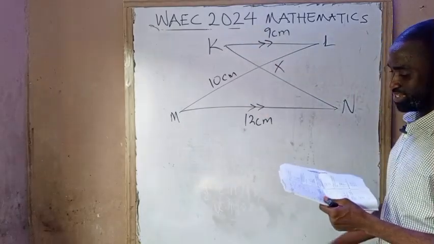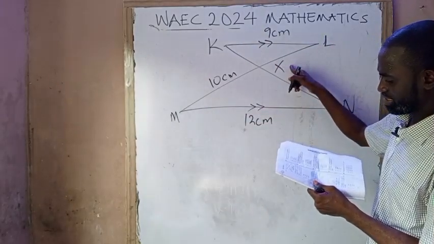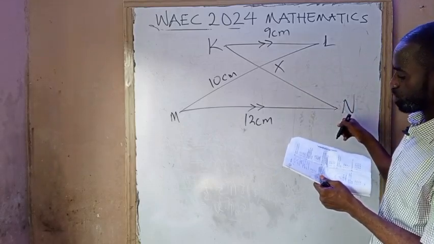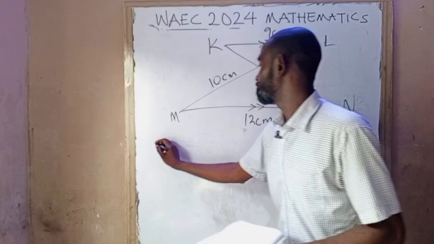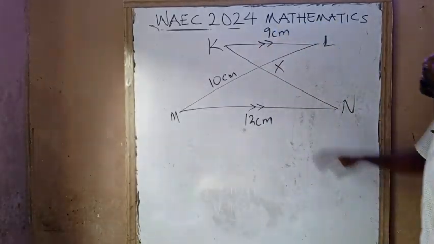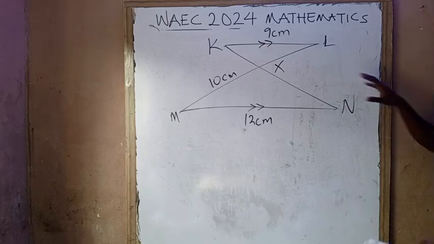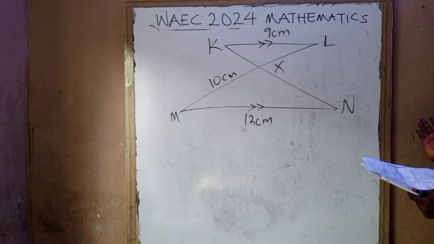So they are similar. The ratio of the area of the similar triangles is equal to the square of the ratio of the corresponding lengths. As simple as that.